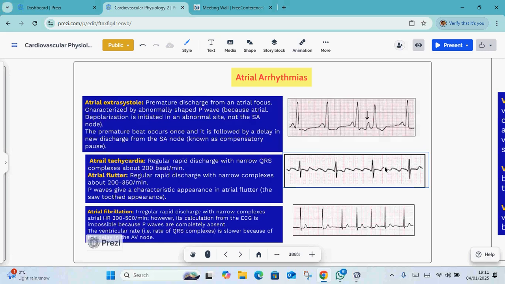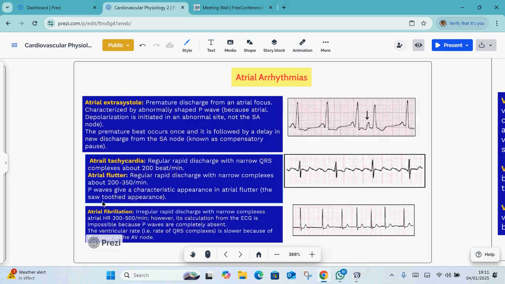When we talk about the P waves, we talk about the atrial heart rate; the QRS is the ventricular heart rate. When the atrial heart rate is up to 200, this is called atrial tachycardia. If it is more than 200, this is called atrial flutter.